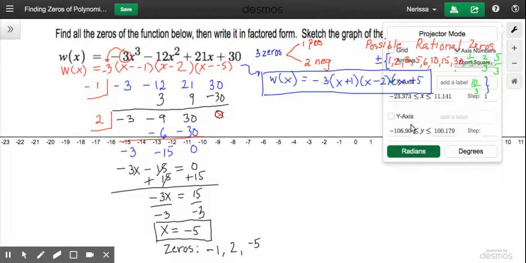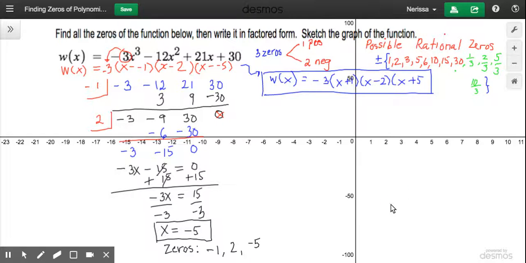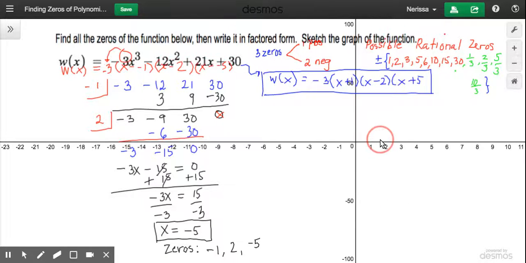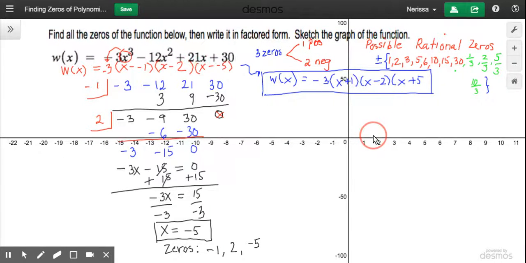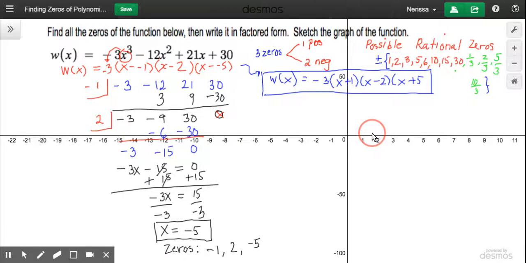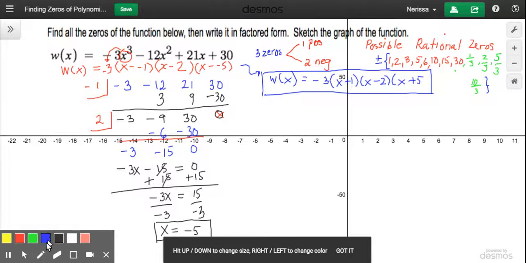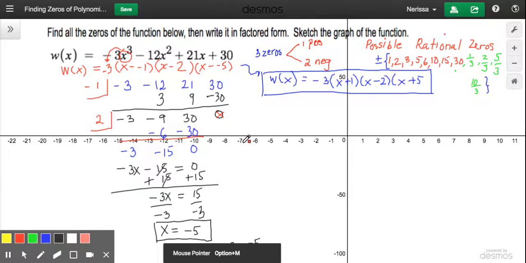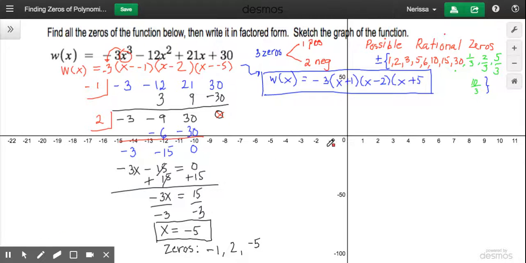Let's put the y-axis too. Okay, so let's put the zeros of the function on the x-axis. So again, the zeros go in the x-axis. So zeros are negative 1, 2, and negative 5.